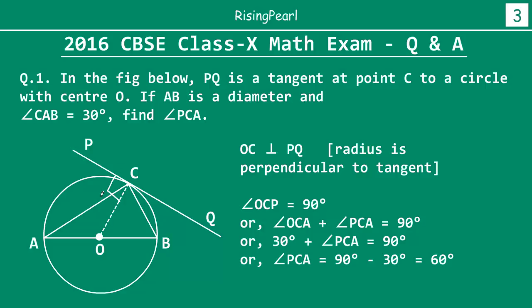So if this whole angle is 90 degrees and this smaller angle is 30 degrees, that means angle PCA, this part, must be equal to 60 degrees, and that is what we have to find out. What is the value of PCA? PCA is equal to 60 degrees.